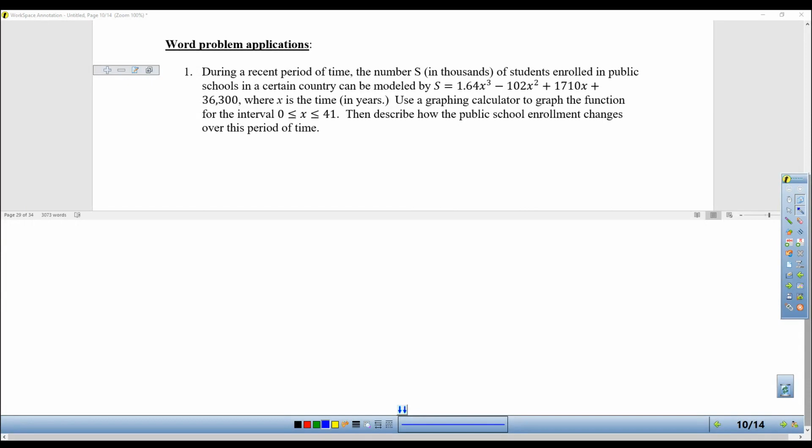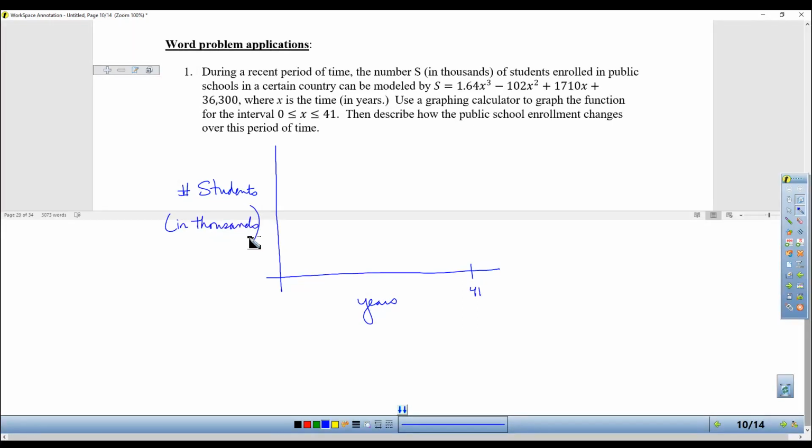So if you weren't doing this on your calculator, I think it'll be easier to visualize it by hand first. You're looking over a 41-year period in years, and you're going to be looking at this number of students, but in thousands. Sometimes they do that because they don't want to have to write too big a number here.